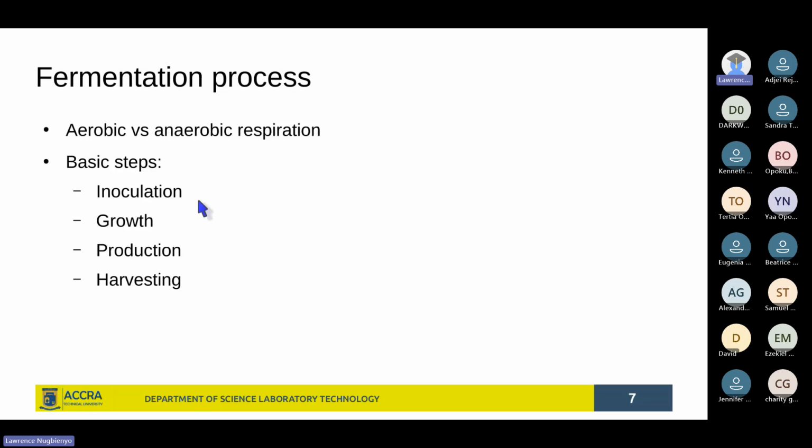All right, so I think I talked much about aerobic and anaerobic respiration already. And yes, the fermentation process: microorganisms will first have to get inoculated. It's like a nursery.